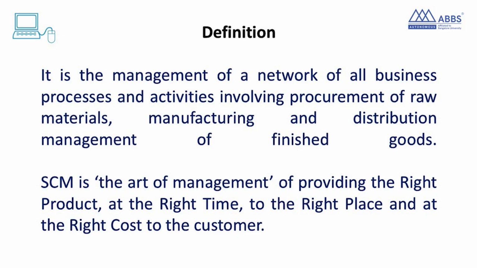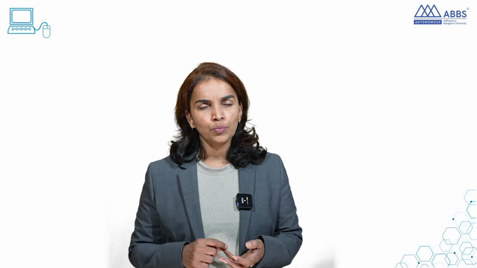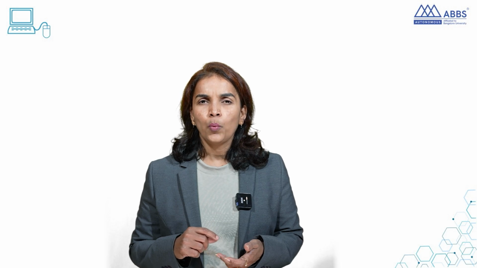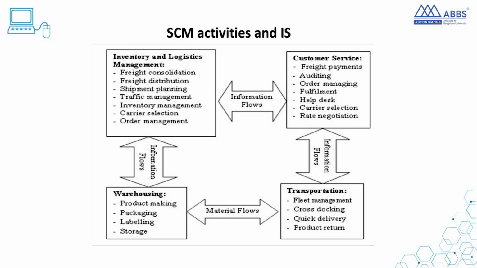So, that is what we are trying to see in this particular paragraph. Now, every organization has various types of supply chain activities. When we look into typical supply chain activities, it is mostly involving transportation, logistics, warehousing, inventory management and similar activities.